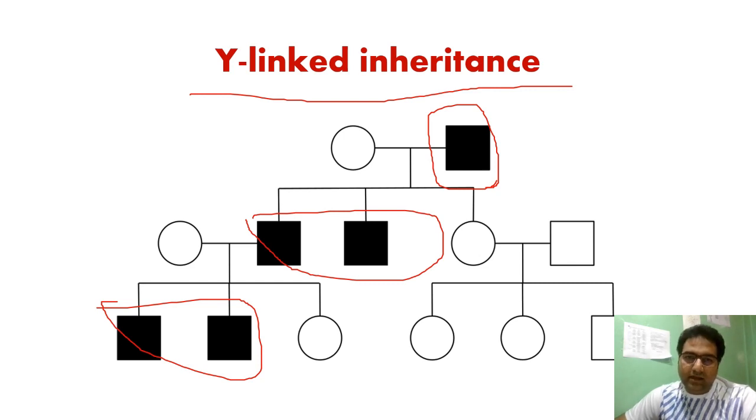So this is the important clue, the important outcome of Y-linked inheritance: it affects only males, all the affected males have an affected father, and all sons of an affected father are affected.